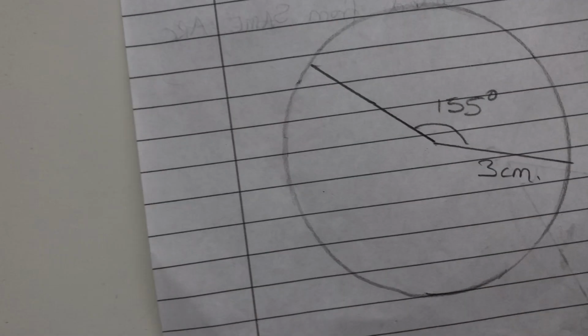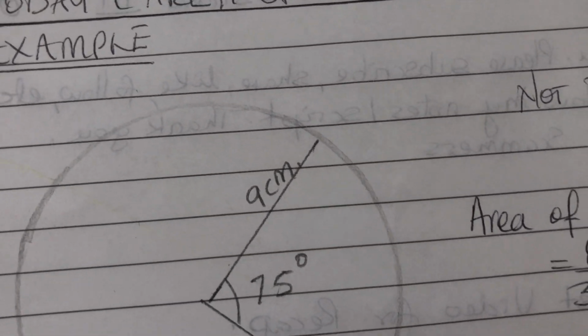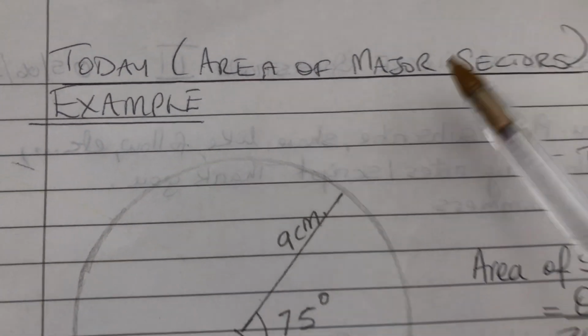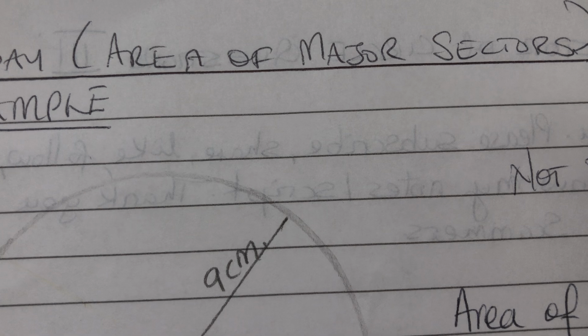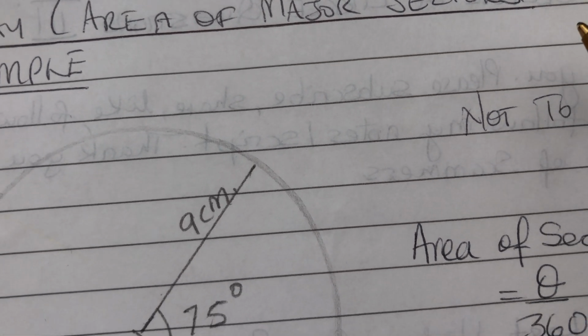Now let's go to what we have today. Today we are finding the area of a major sector. Yesterday we looked at the minor sector, where the angles were less than 180.